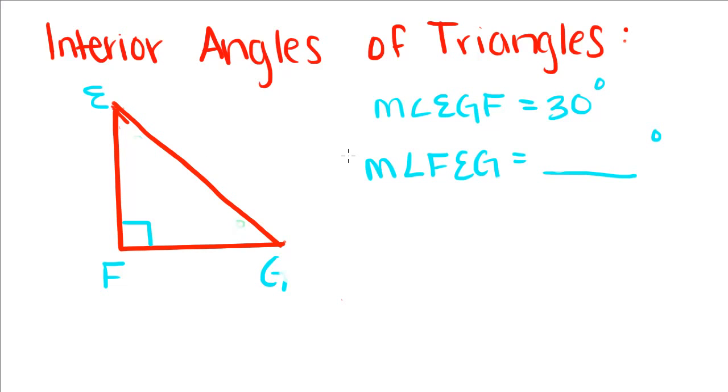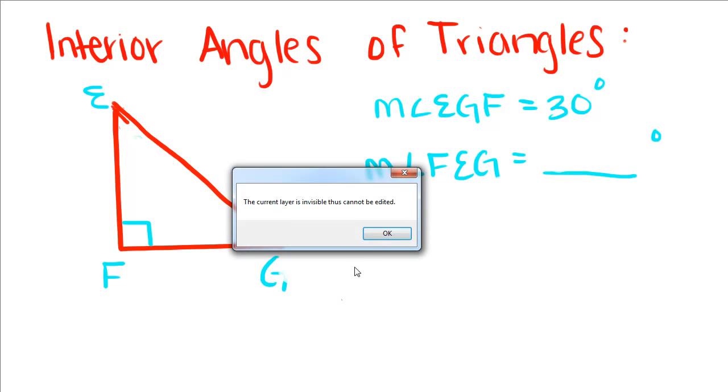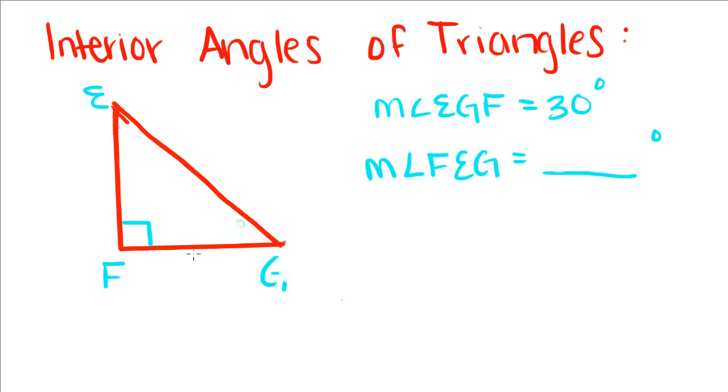We know that the measure of angle EGF is 30 degrees. And we want to find out what the measure of this angle is. Well, if you remember, when I said that we put this little square sign here, that means that this is a right angle.